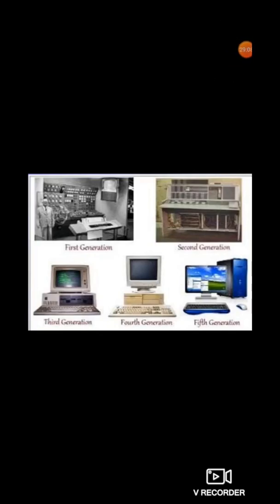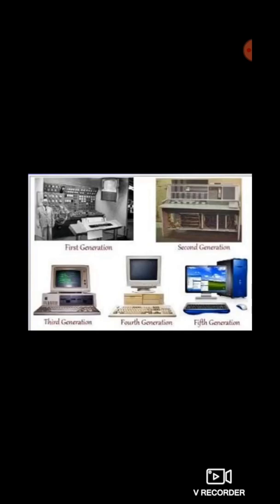So with this, students, we complete our chapter number 5, History of Computers. We just got introduced to what computer was, and we saw the development phases from first generation. Before the first generation, we saw the development of the abacus, then the Napier's rod, and the Pascal line, and the analytical engine, the punch card reader.